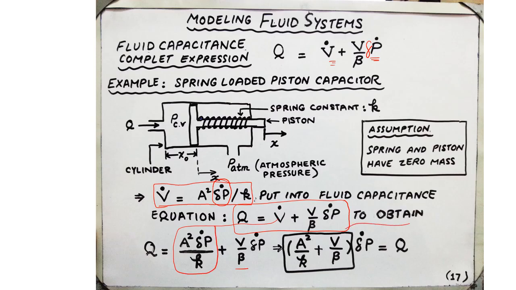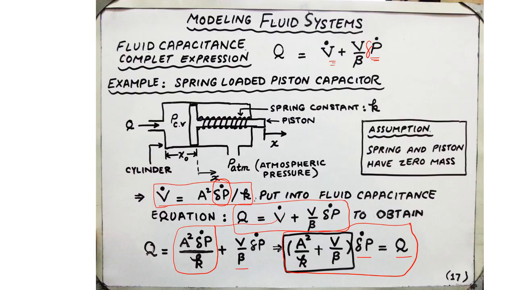The final expression is very interesting because we can relate Q with delta P dot multiplied by some constant, or hopefully constant, expression. It is easy to see the coefficient of delta P dot.